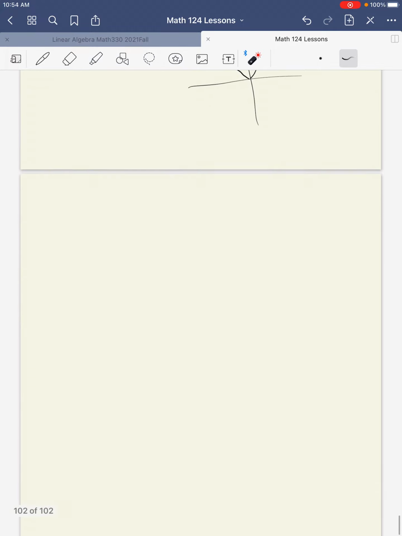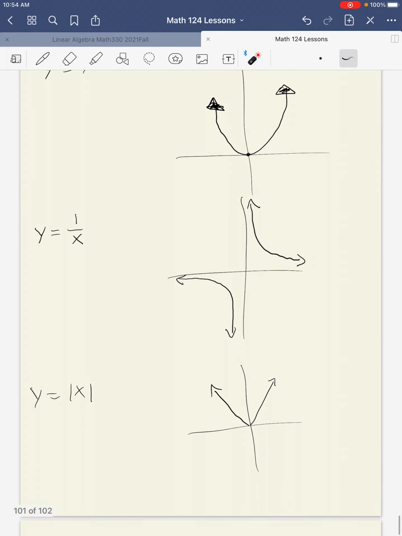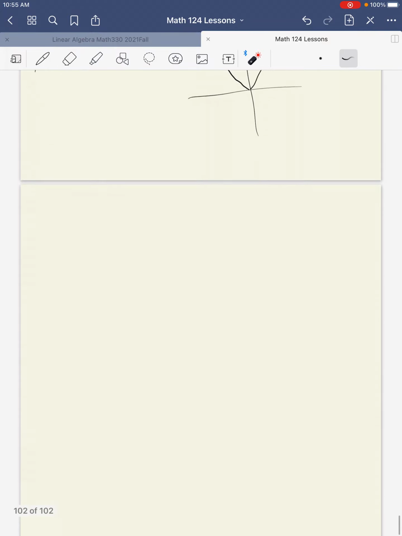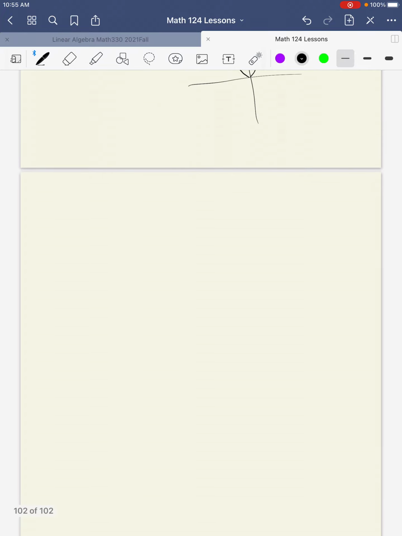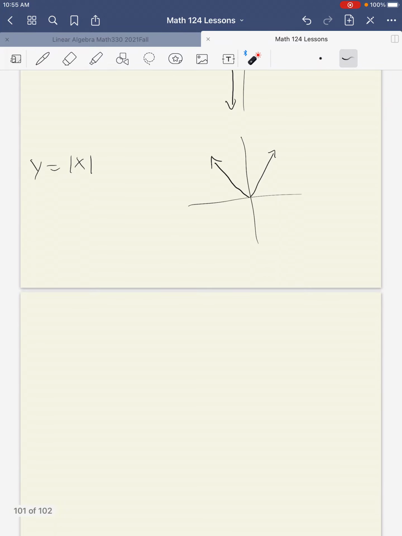So the topic of this lesson is, if we start with a basic graph, can we transform it into a more complicated graph? That's the question we want to answer, and the answer is yes. So let's think about the transformations we could do.